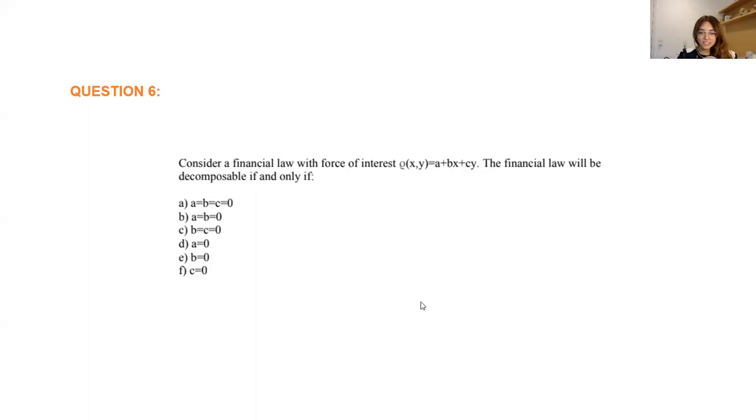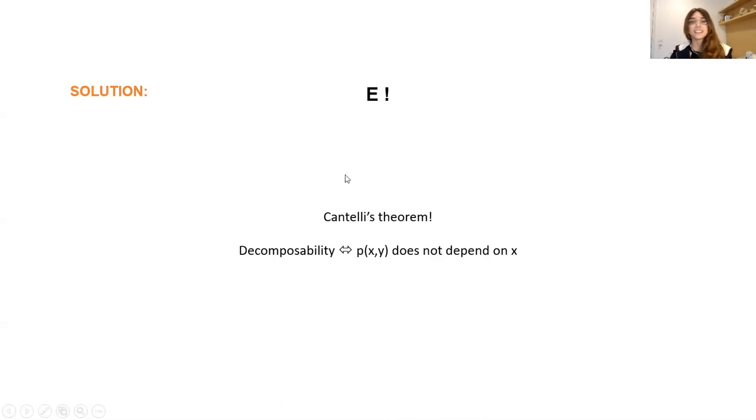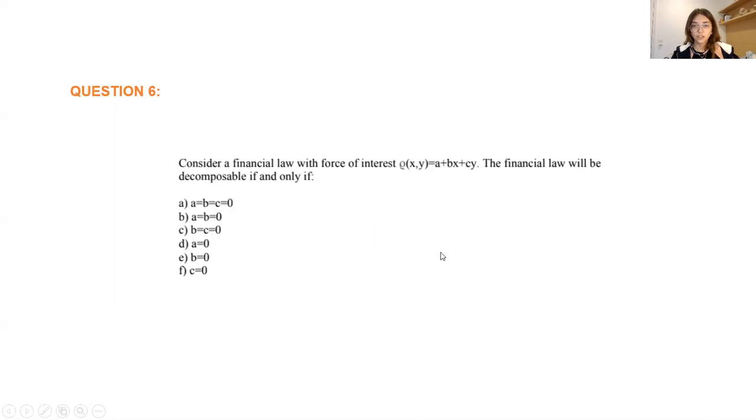I cannot switch slides sometimes, it's so weird. There you go. It's E, because basically you have to use Conti's theorem, which says that you have decomposability if and only if the force of interest does not depend on X. So here, not depend on X, you just need b to be equal to 0.